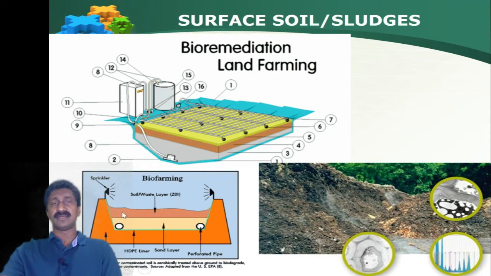Then here you have the soil or waste that needs to be treated, which is layered over the prepared bed. So this is the bed that is prepared, over which you spread the material to be treated, for example contaminated soil or waste, and periodically it is mixed or tilled to provide further aeration, and sprinklers provide sufficient water.